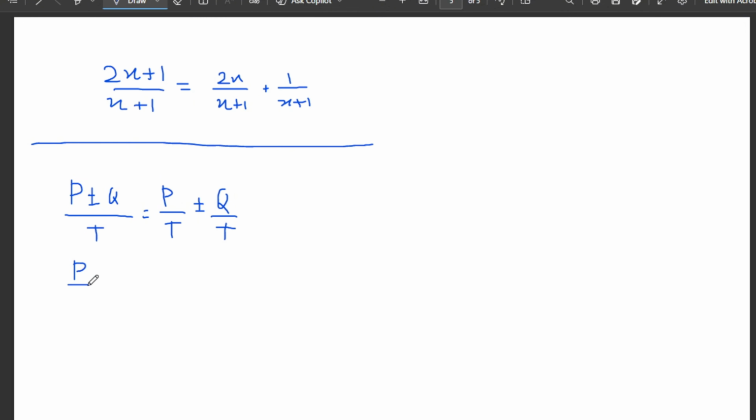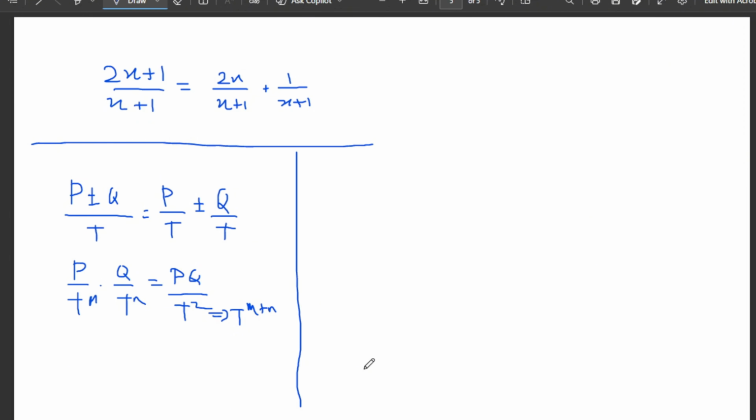If we have p over t times q over t, this is the same thing as pq over t squared, or if the powers are m and n, that will be t to the power of m plus n. Well, rational expressions follow the same rules as everything else that I've taught.